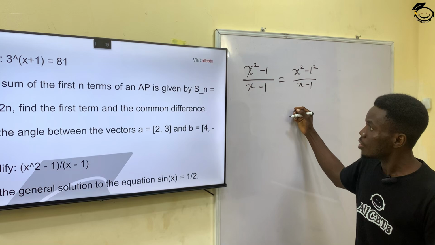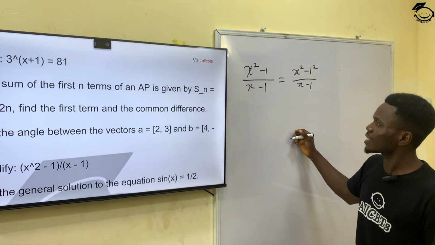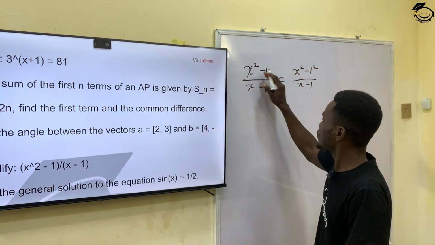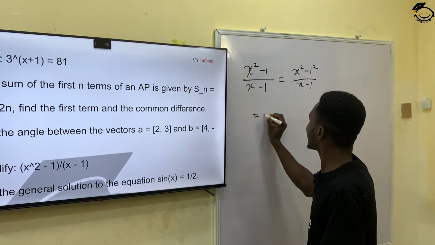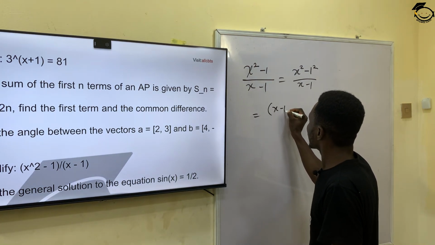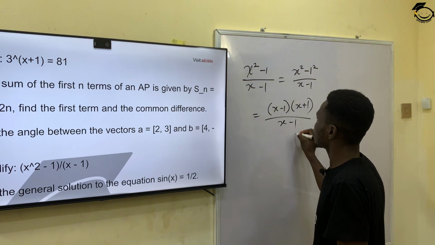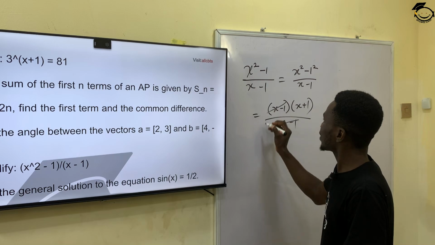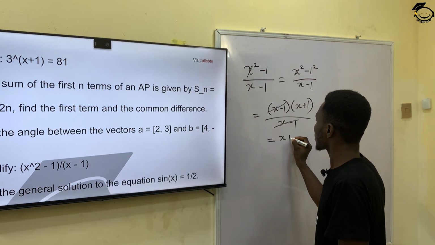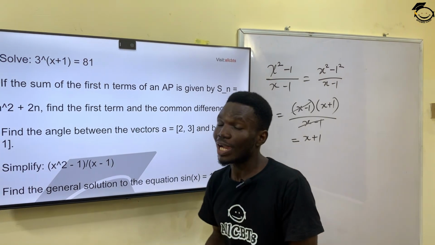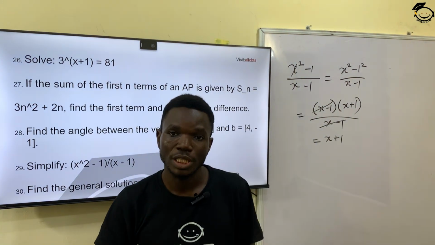So if this is what I have, this can be rewritten, anytime you have perfect squares, if you expand it, as x minus 1 in bracket x plus 1 divided by x minus 1. X minus 1 can cancel out x minus 1. It means my final answer is going to be x plus 1.